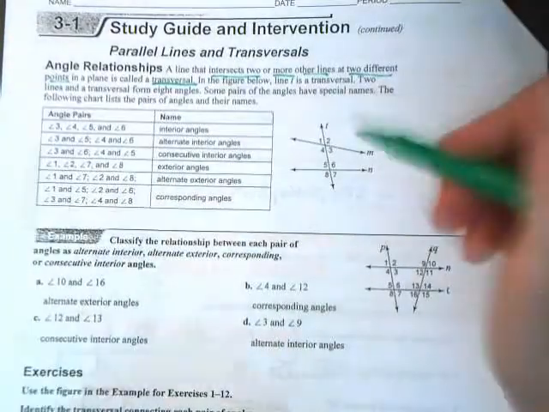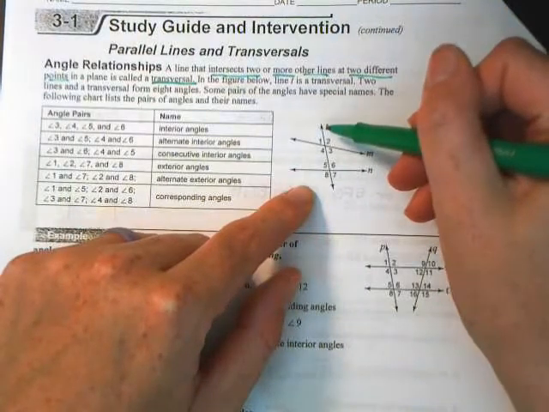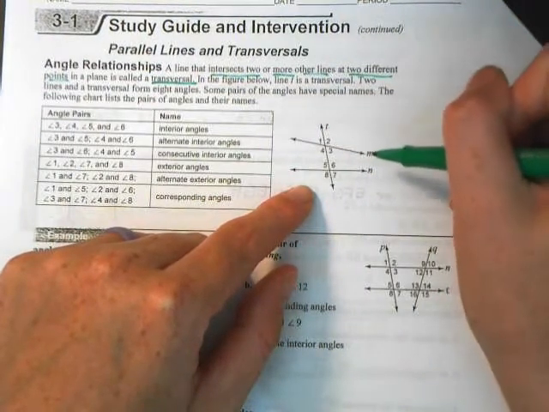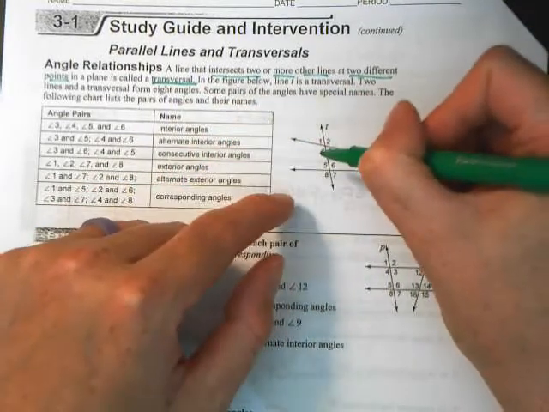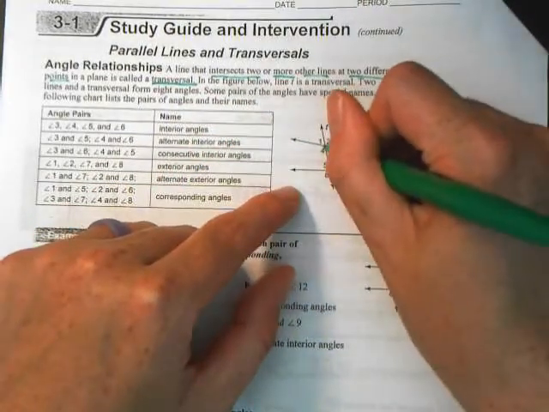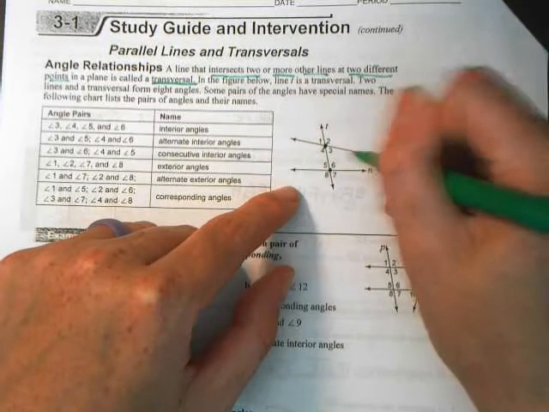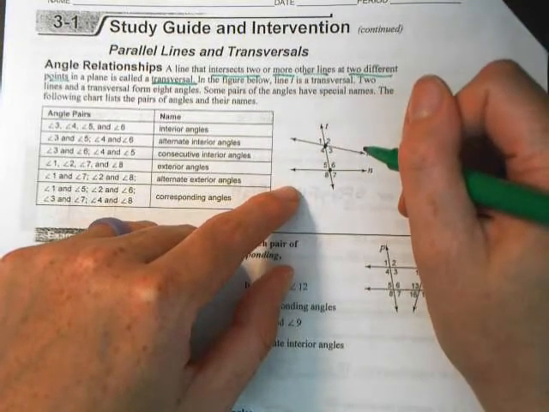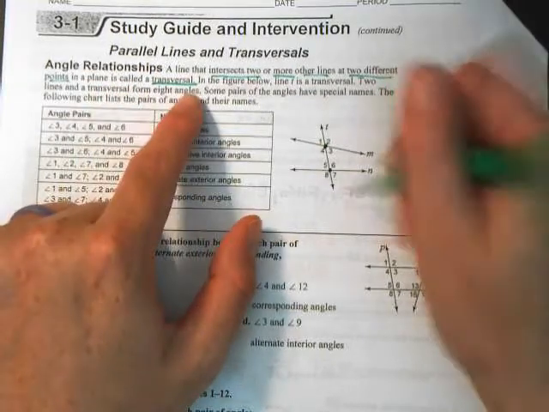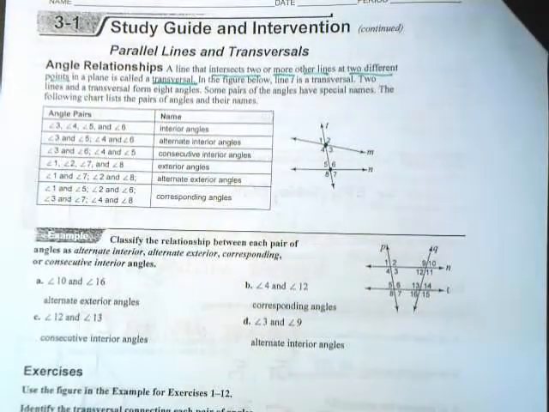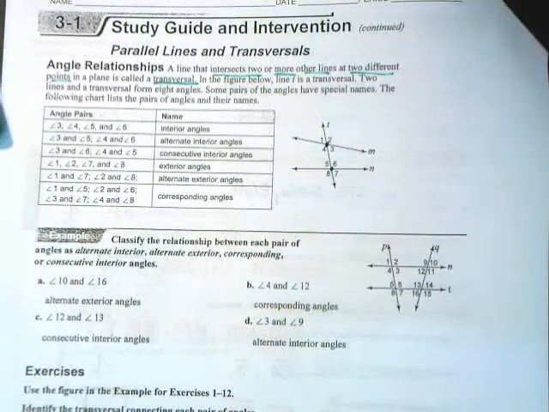Okay, so T here is intersecting lines M and N, 2 or more other lines, at this point here and this point here, 2 different points. Okay, so T is the transversal, named for this example.